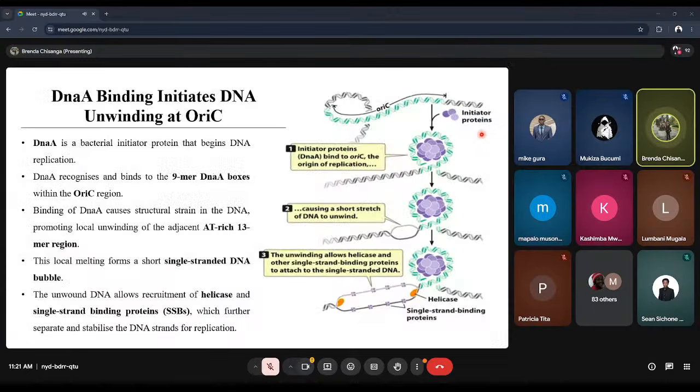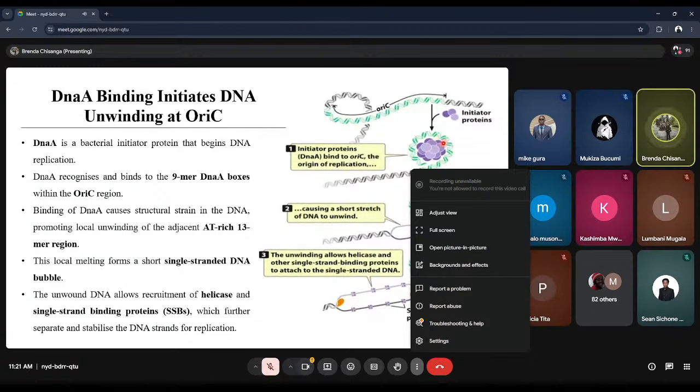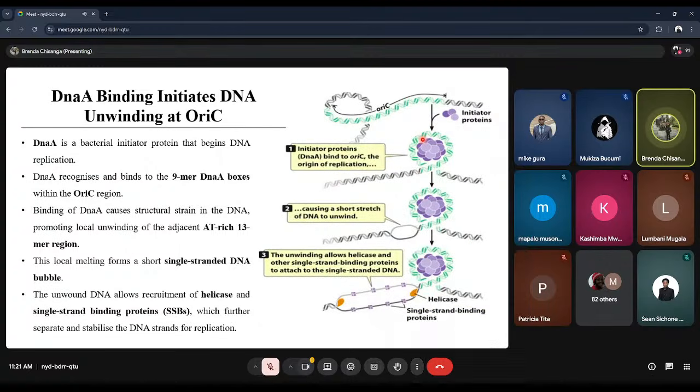Now, once this DnaA binds to the 9-mer, it causes a conformational change, like a distortion, in that region. And this action, the binding of DnaA to the 9-mer, causes local unwinding. A small region is going to be unwound.